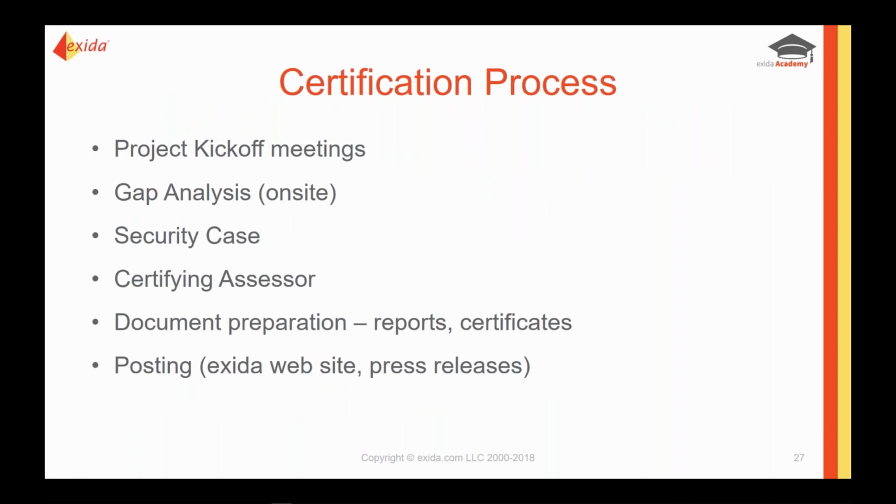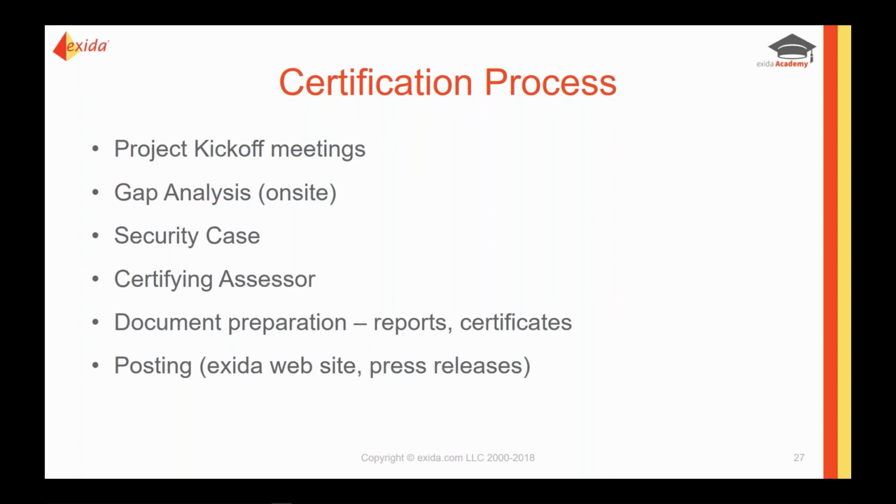So if you are looking for specific certification of your devices, your system, or parts of your system, that general process involves introductory kickoff meetings. A general gap analysis is done, very often on site at your system or the products themselves. What's developed is a security case, which goes through the applicable portions of the 62443 standard that will apply to the certification and collects evidence on those items.